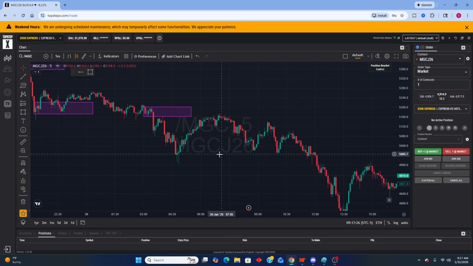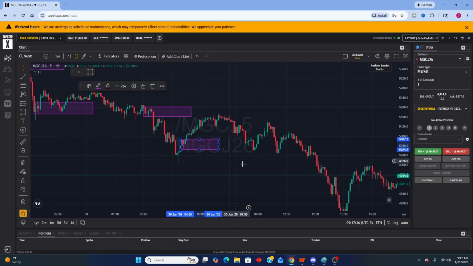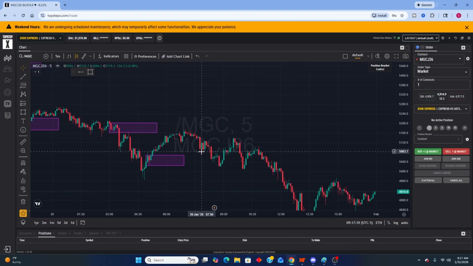Aggressive push down. Aggressive push down. You can probably see from there, those are examples of supply and demand zones.